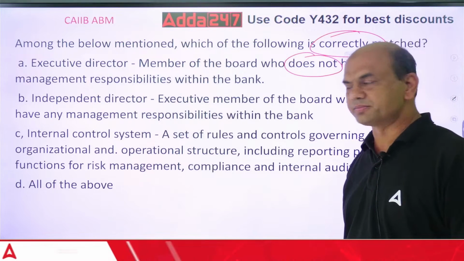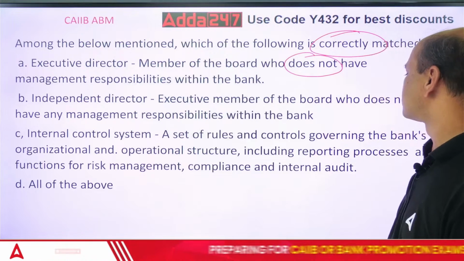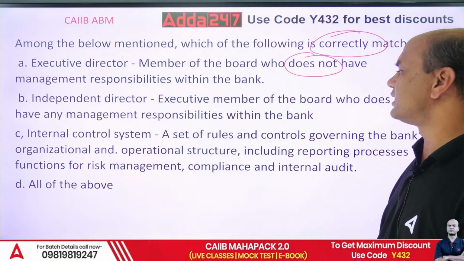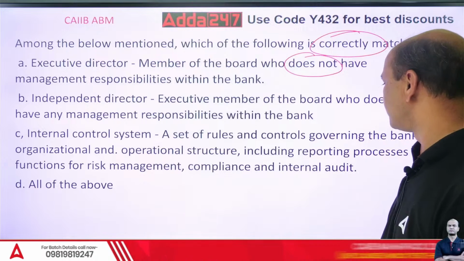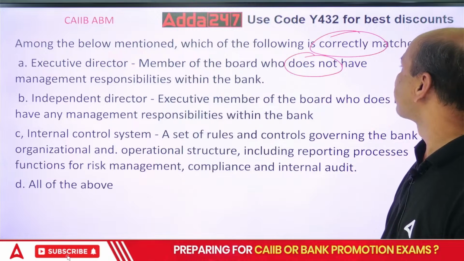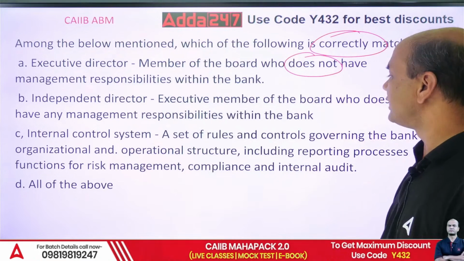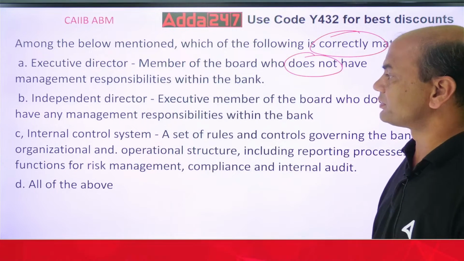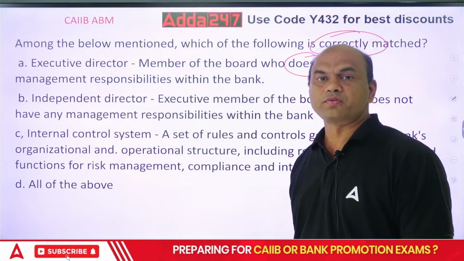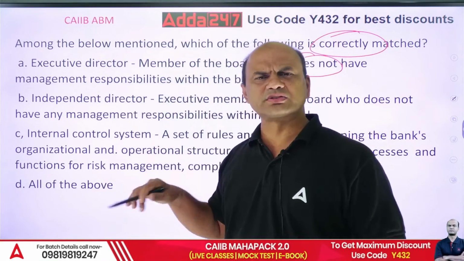Again the same. Internal control system, a set of rules and controls governing the bank's organizational and operational structure, including reporting processes and functions for risk management, compliance and internal audit, and all of the above. So which of them is correct? Do you mean to say that an executive director does not have any responsibility?